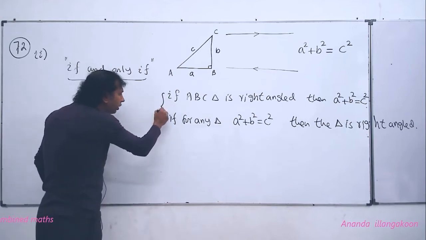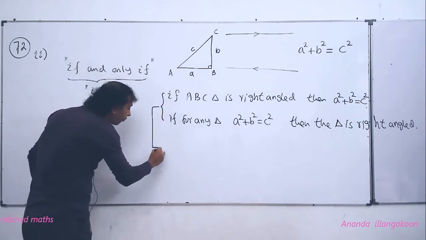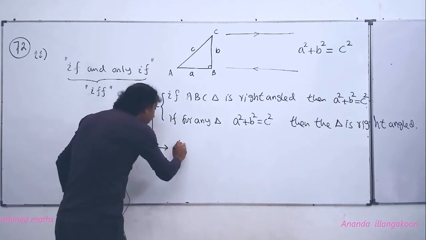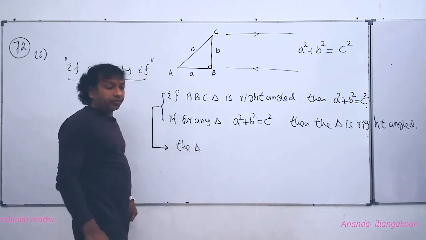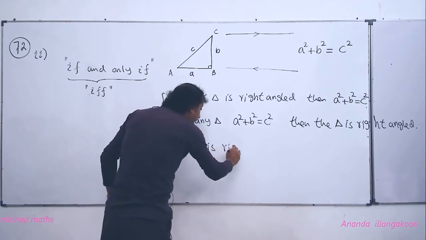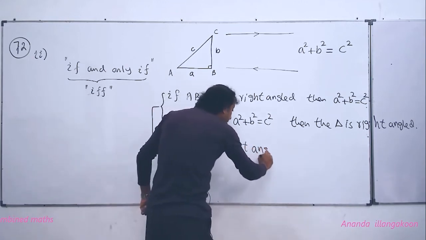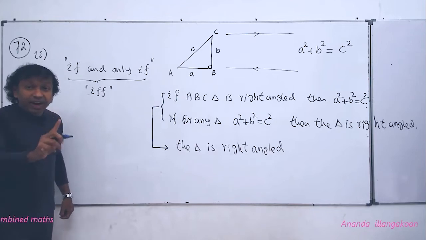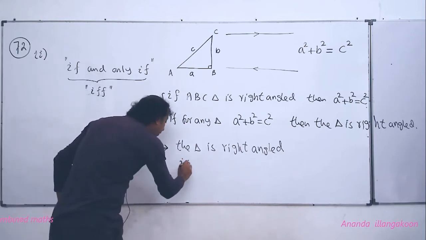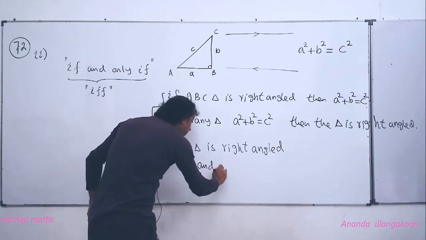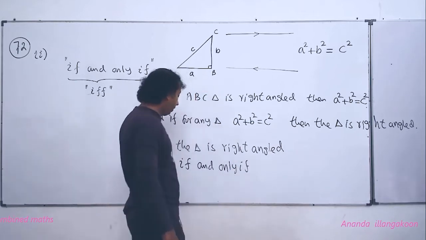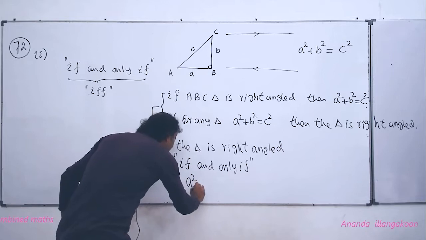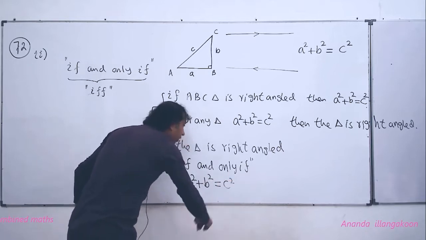This two statements we can bring into one like this: the triangle is right angled if and only if a squared plus b squared equals c squared.